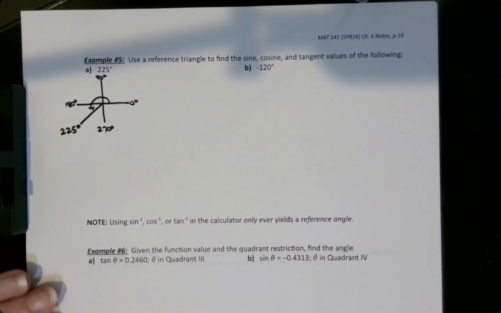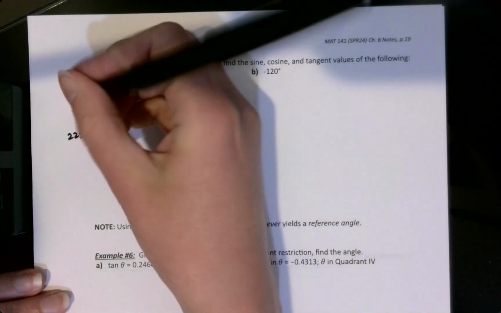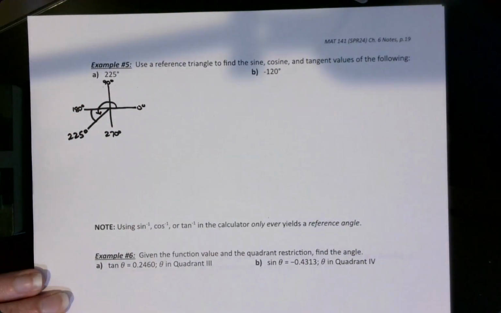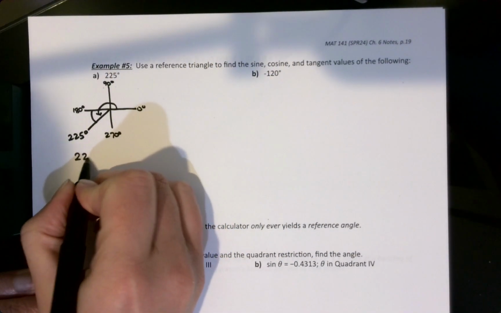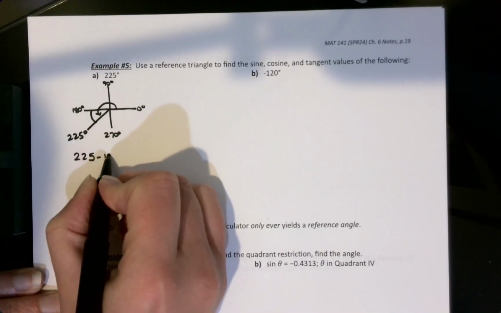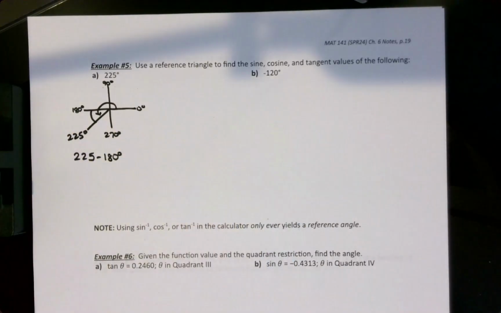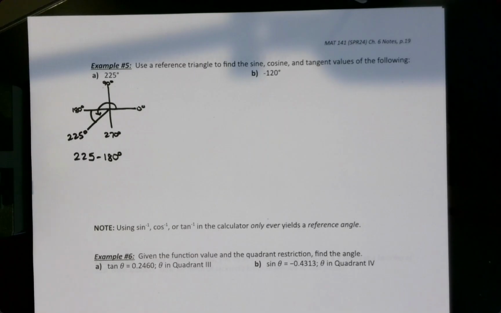Now, I also want to know if I can figure out how far past 180 is that. What is the reference angle? So let's find out. So 225 minus 180. I only would want to do this if the reference angle is one of my perfect angles, if it's a 30, a 45, or a 60. This ends in 5 though, so I'm hoping that it might be.